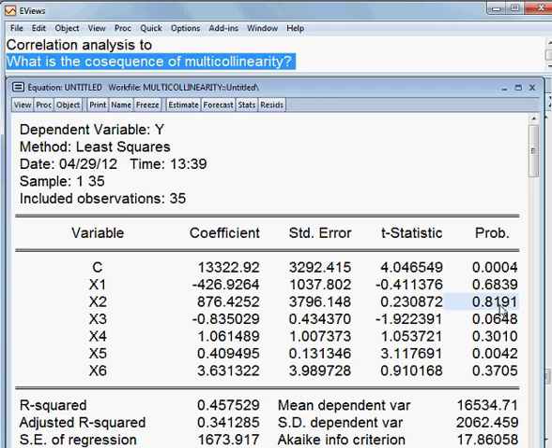And if the p value goes up, that variable becomes non-significant, insignificant.